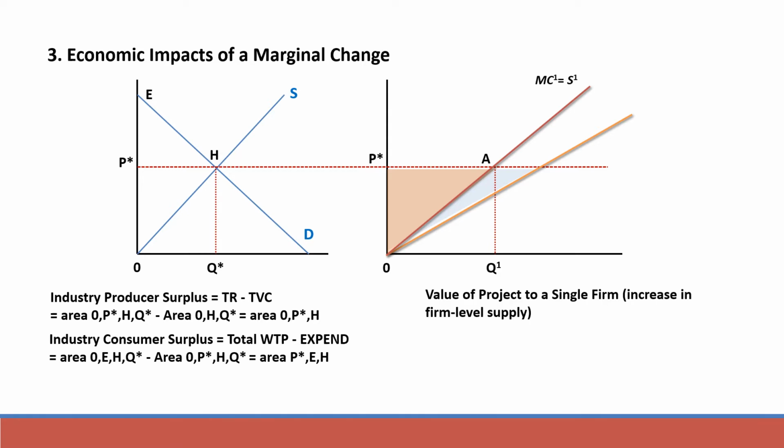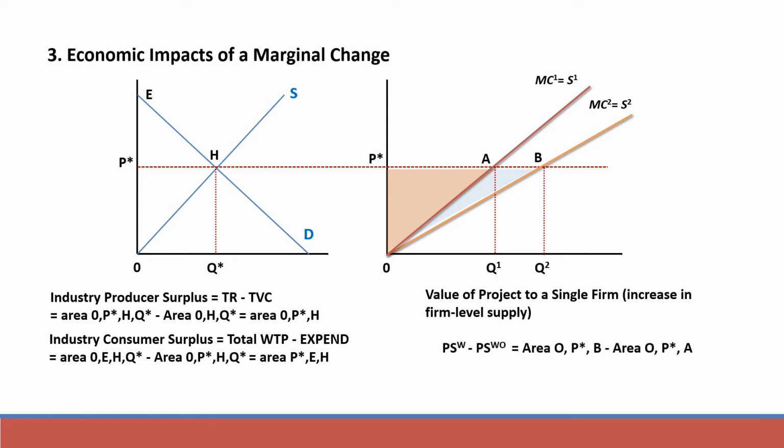As we have here, the value of a project to a single firm increases in the firm-level supply. So the firm can supply more, and we see this change from marginal cost 1 or supply 1 to supply 2. This area OAB is a gain in producer surplus, holding consumer surplus constant.